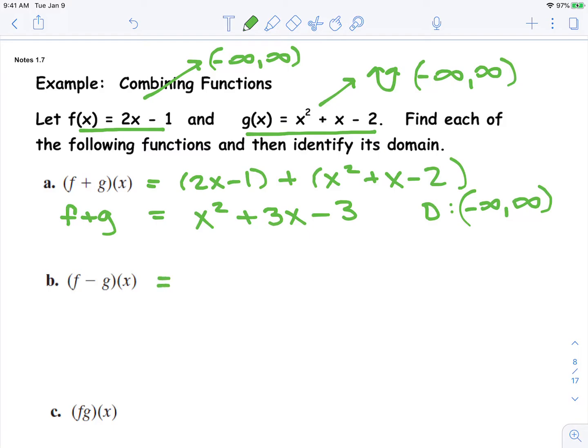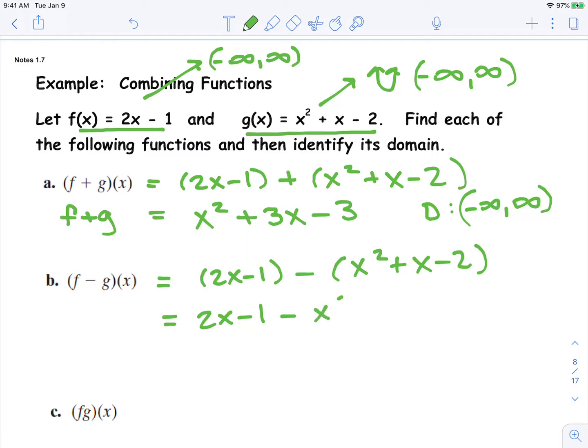All right, example B, subtracting. So we're going to take 2x minus 1, subtract it from x squared plus x minus 2. So we're going to drop the first parentheses, and then we're going to distribute a negative through all of those terms in the second parentheses.